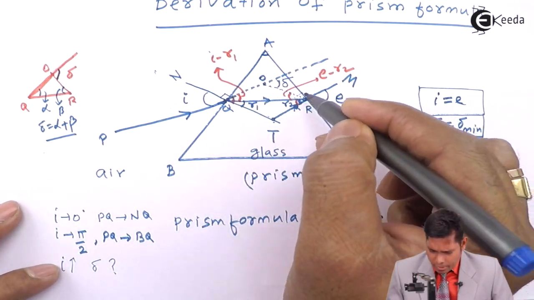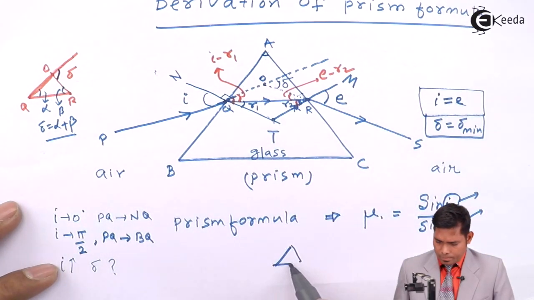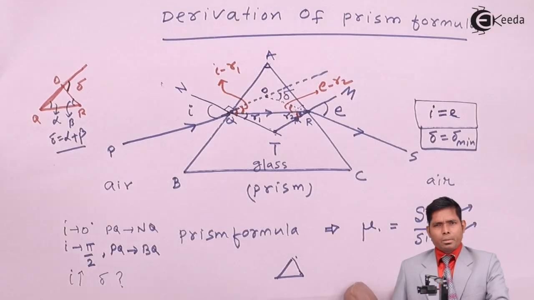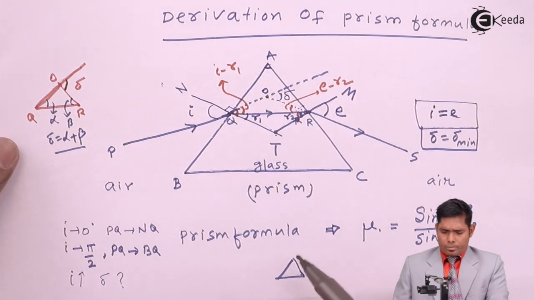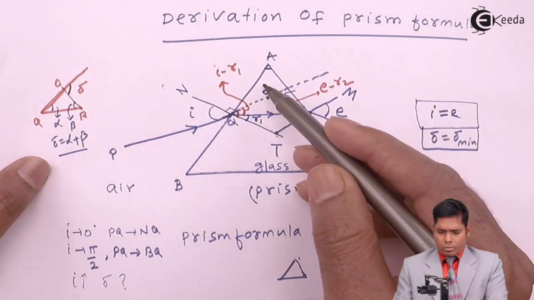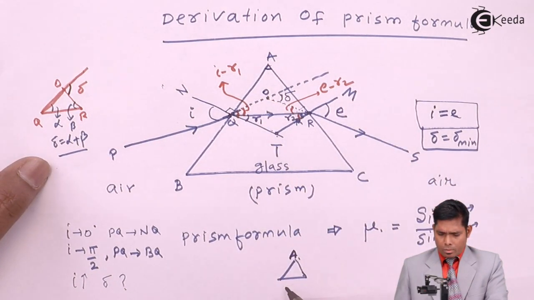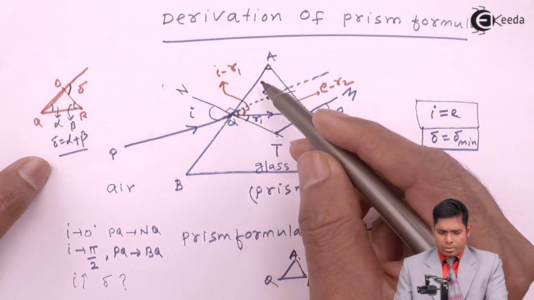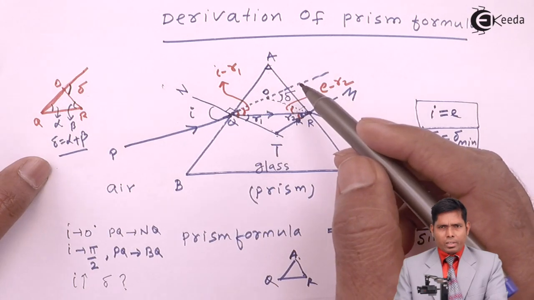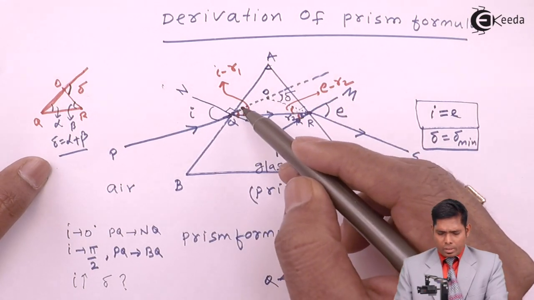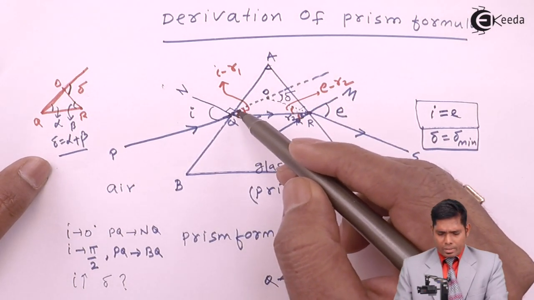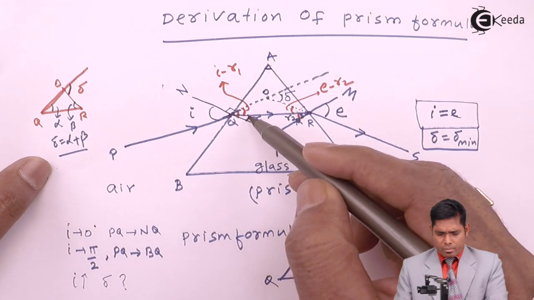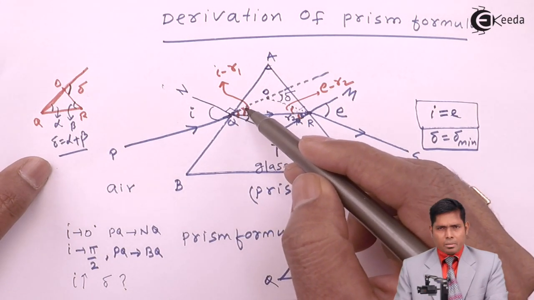If I consider the triangle AQR, we have derived the prism formula. Now in this triangle also, if you think of this triangle A, Q, and R, I will consider and get one relation. This total angle is 90 degrees, and out of this I will subtract R1, so this will be 90 minus R1.